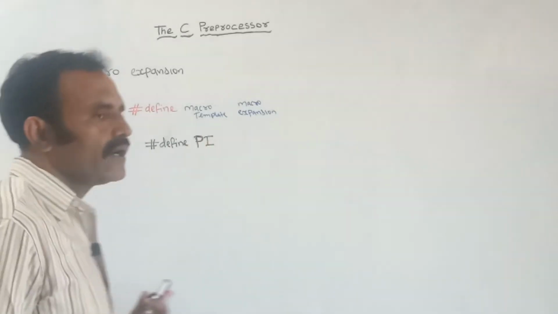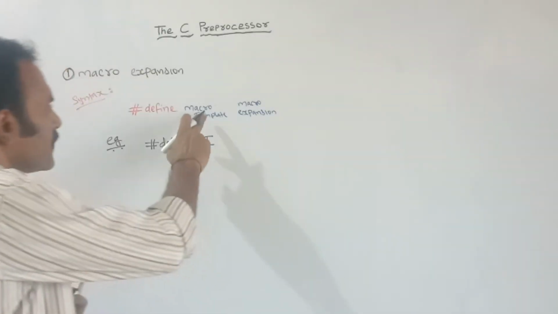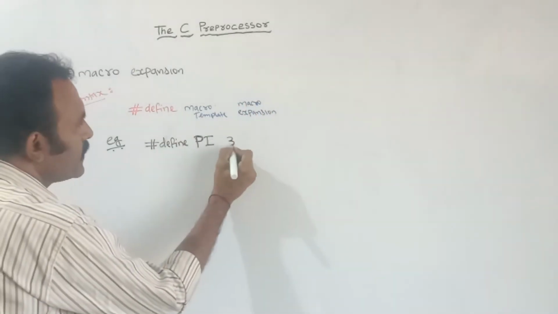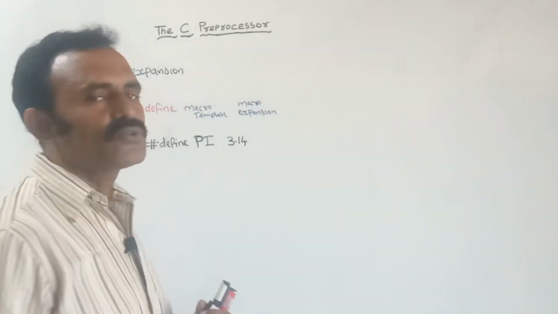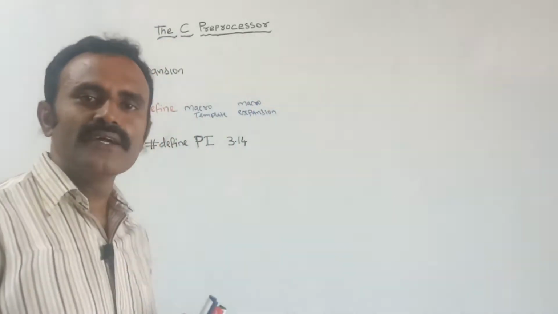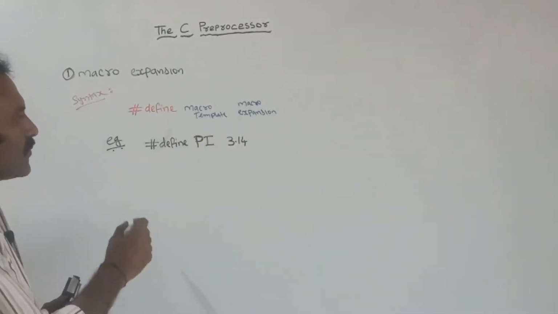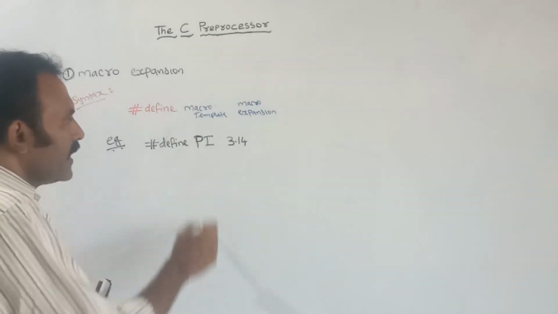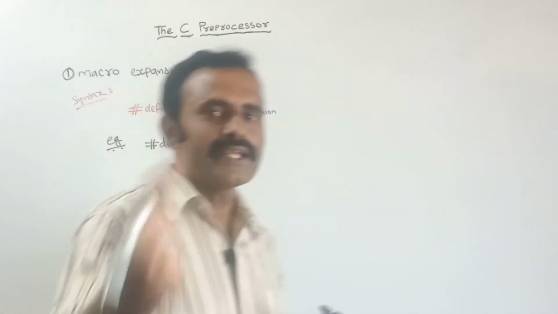In our program, I am going to specify the pi value to the macro template PI. The macro expansion is 3.14. In mathematics, pi value is 22 by 7. Instead of giving 22 by 7, we can directly give the value to the macro template. So in our program, wherever we call PI, that is the macro template, the macro expansion value 3.14 will be replaced.